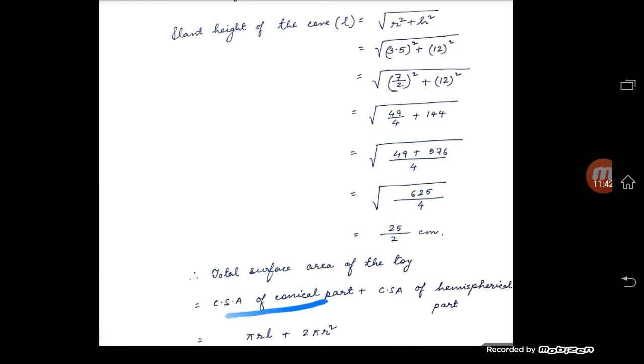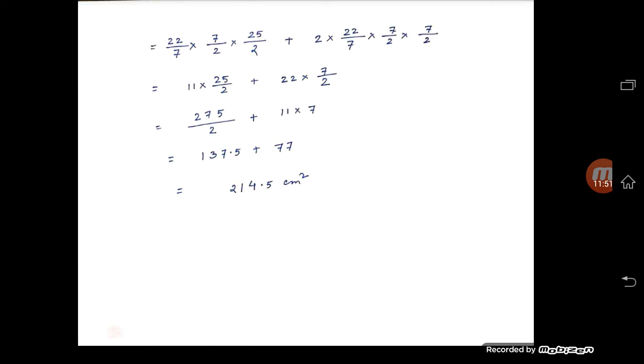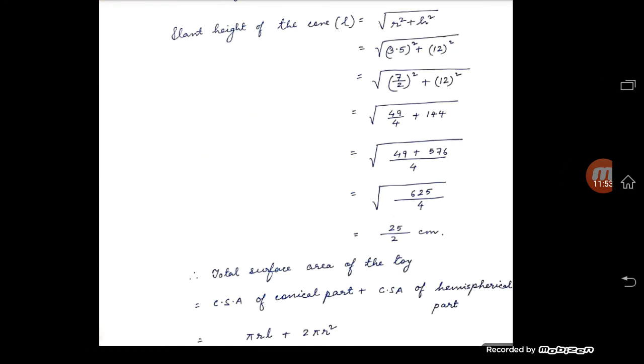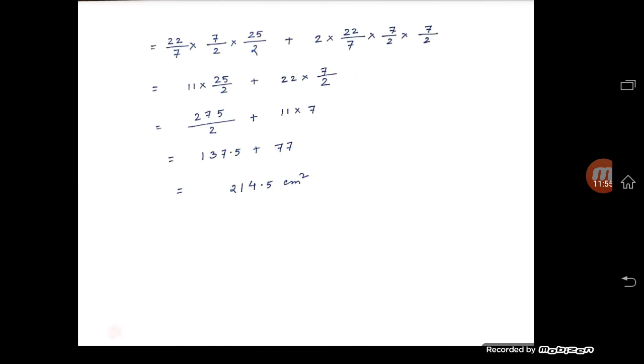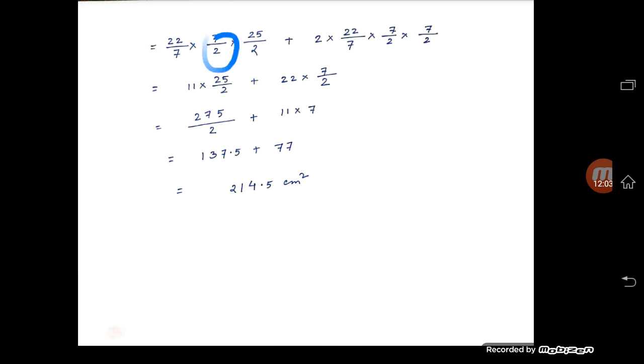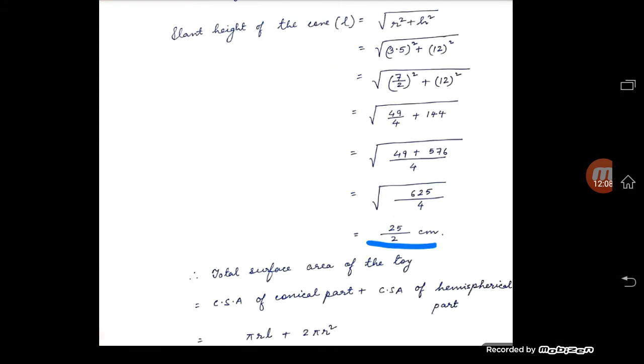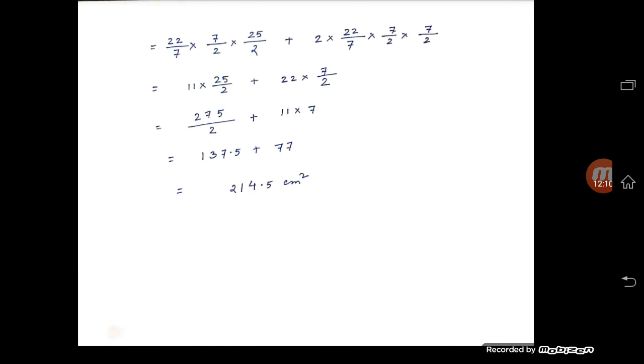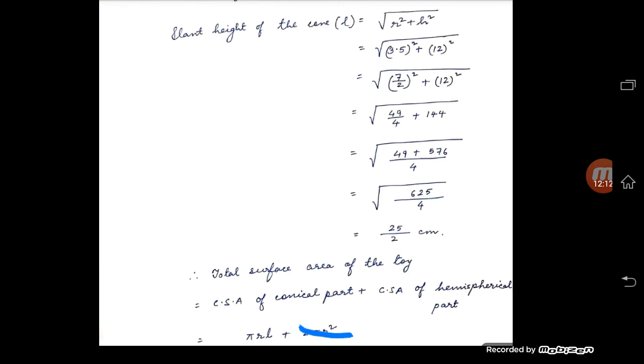For the cone we have pi r l, and for the hemispherical part we have 2 pi r square. So we put in the numbers. In place of pi we put 22 by 7. In place of r we have 7 by 2 or 3.5. We write 7 by 2 for our convenience. l we have just found out, 25 by 2, plus 2 pi r square.